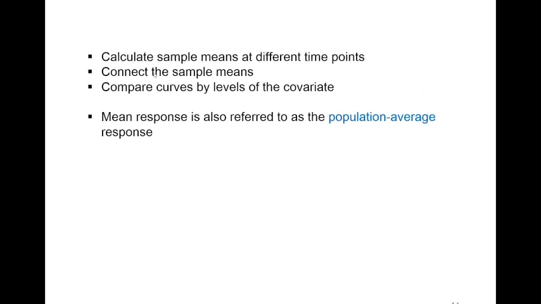This is easy, right? We just calculate sample means at the different time points, connect the sample means, and compare curves by group. We will use this terminology, population average response, later. But here, just keep in mind that this mean response is often also referred to as the population average response.